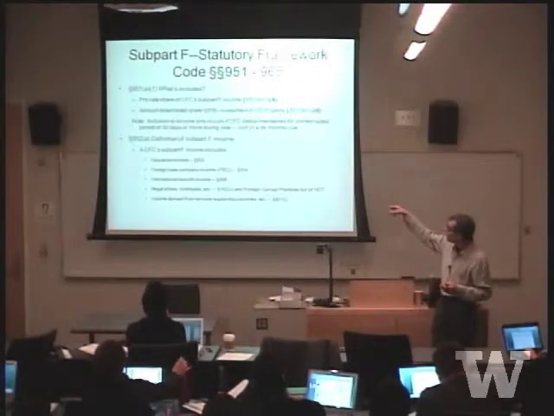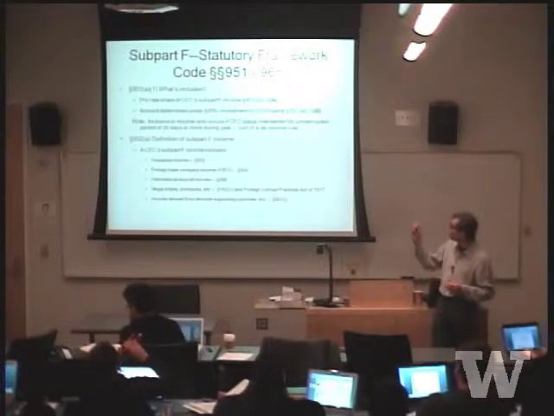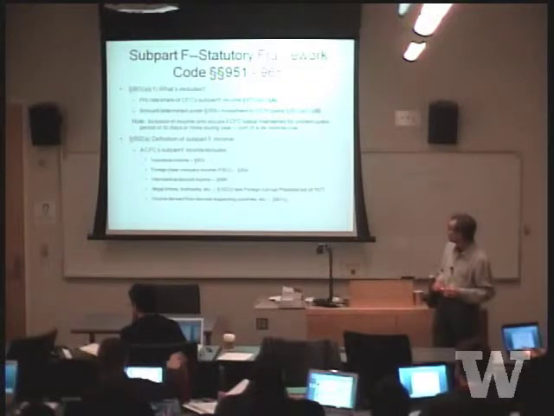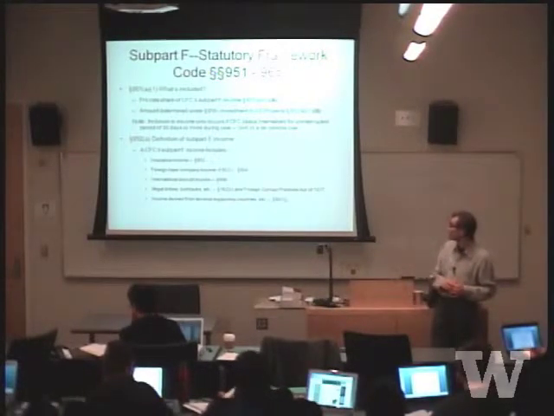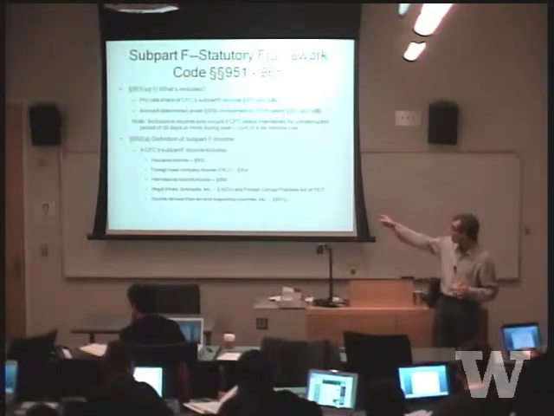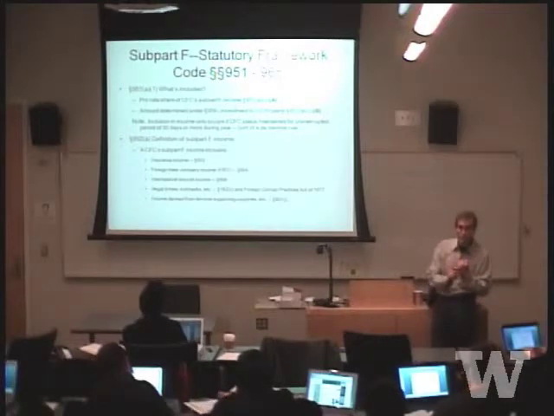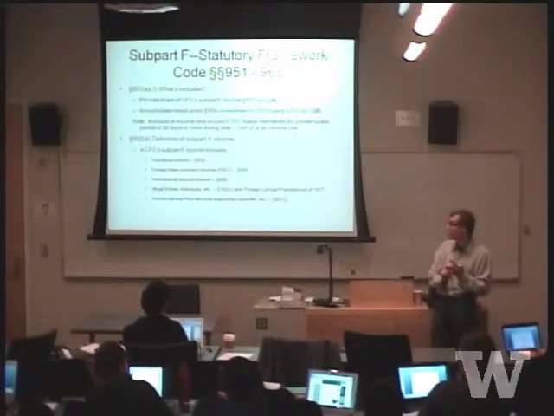Okay, I've already mentioned, I think, the 951A1 rules as to what's included, the A1A amount, the A1B amount. 952A is your specific definition of subpart F income, and it lists out a bunch of things, only one of which, the second item, includes the foreign-based company income: foreign personal holding company income, foreign-based company sales income, foreign-based company services income.